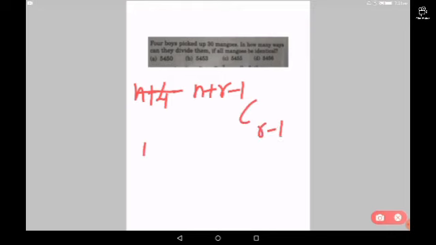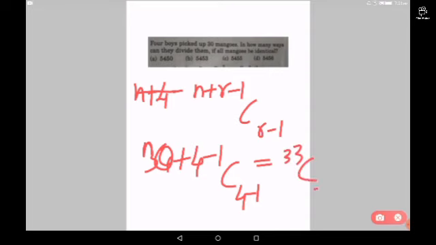So here we will get 30 plus 4 minus 1 c 4 minus 1. This will be 33 c 3, and we will end up with an answer 5456, which is D option.